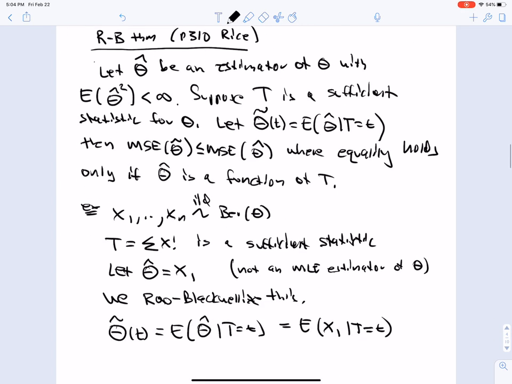So the statement is you have an estimator of theta whose expectation of theta hat squared is finite.